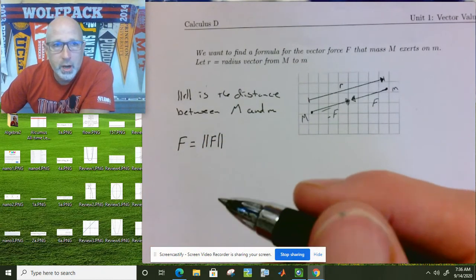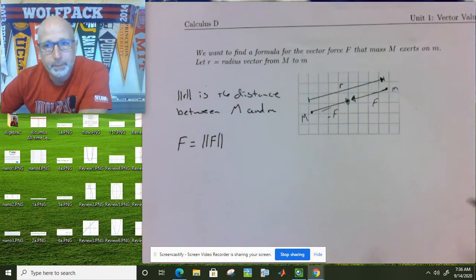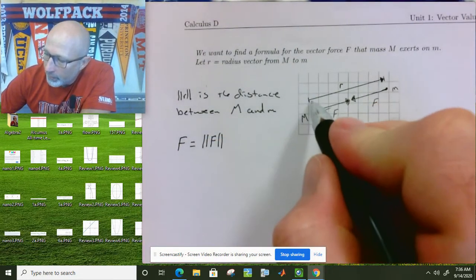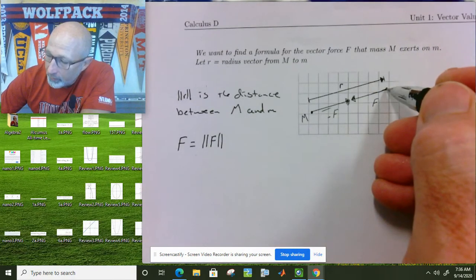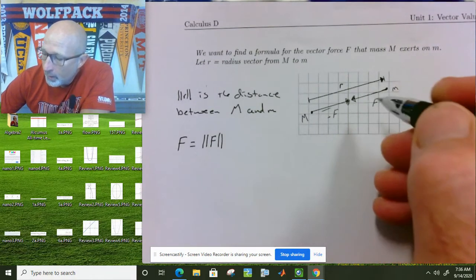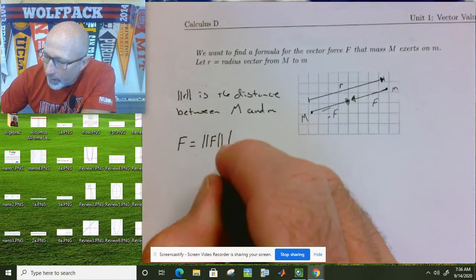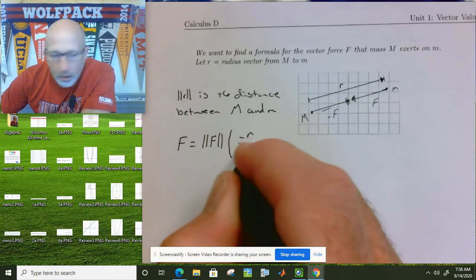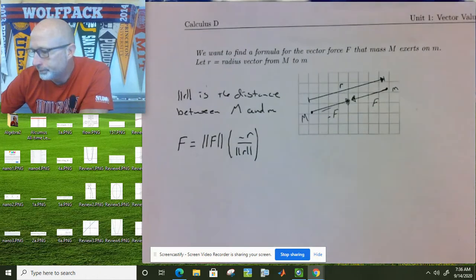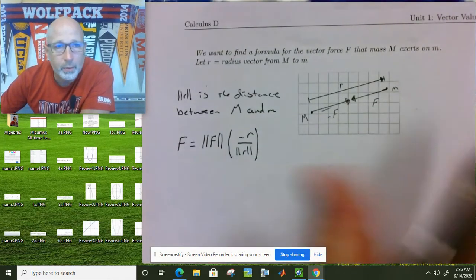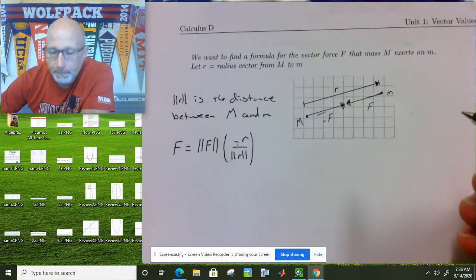Because that tells you how big it is, but if this is a vector, I need to give it a direction. So R is the vector that's going in this direction, but F is the one that's acting in the opposite direction. So I'm going to say this is the magnitude of F times negative R all over the magnitude of R. If you think about what's happening here, the negative is going to make the vector go in the opposite direction.